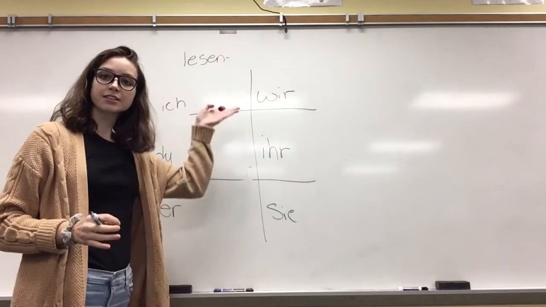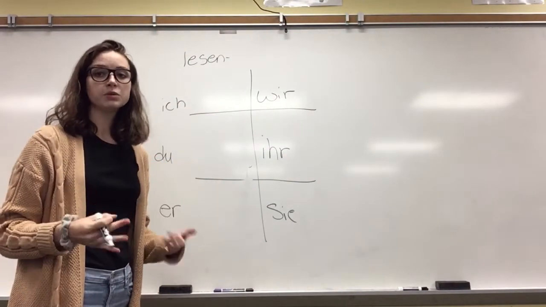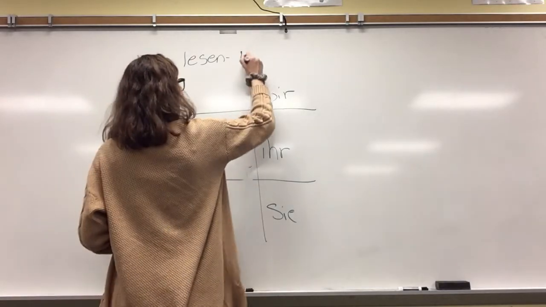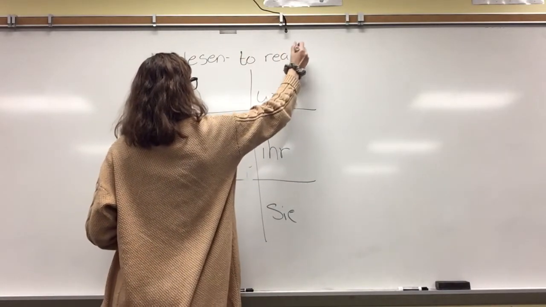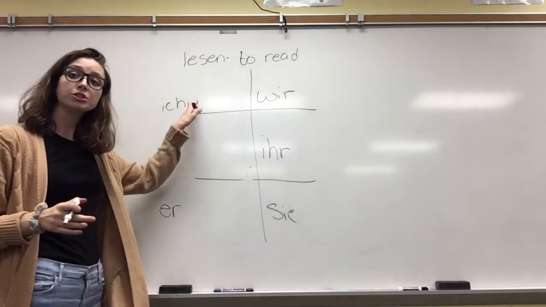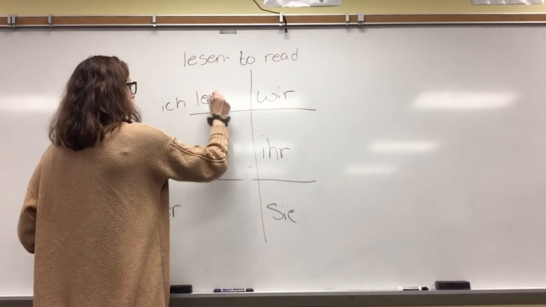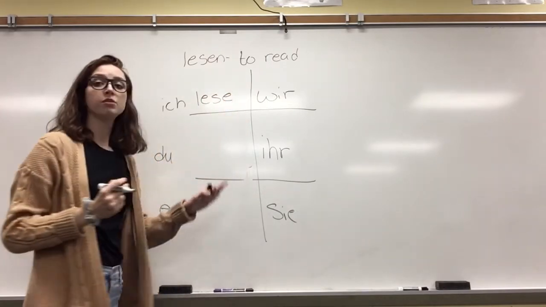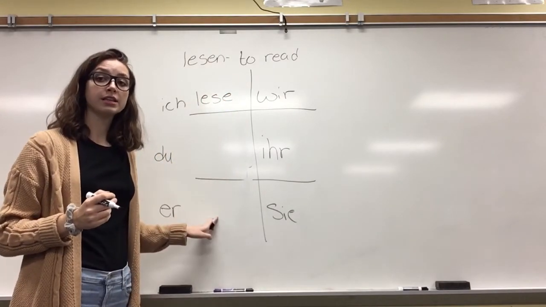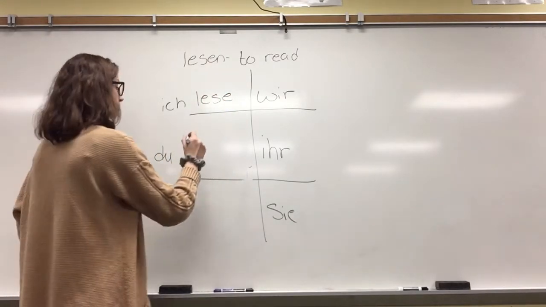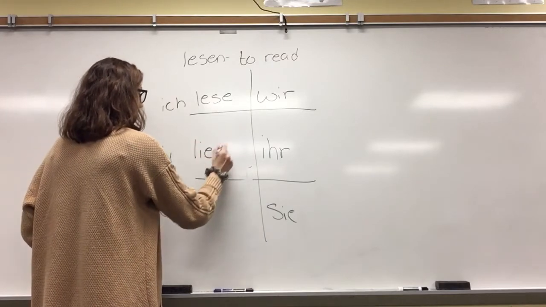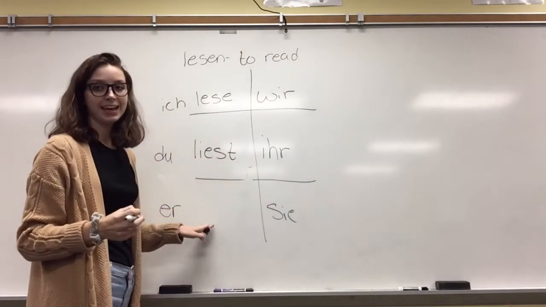The next verb is an E to IE verb. So here is our E to IE verb, lesen, which means to read. Again, no change in our ich form, so ich lese. And then we see the change in our du and our er/sie/es form. So du liest and er liest.